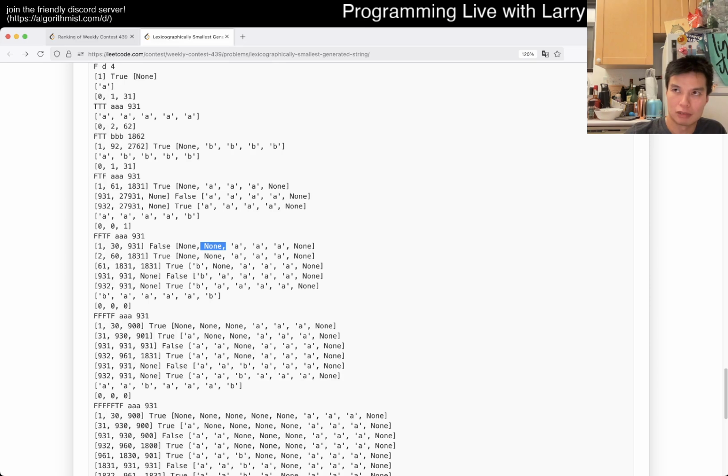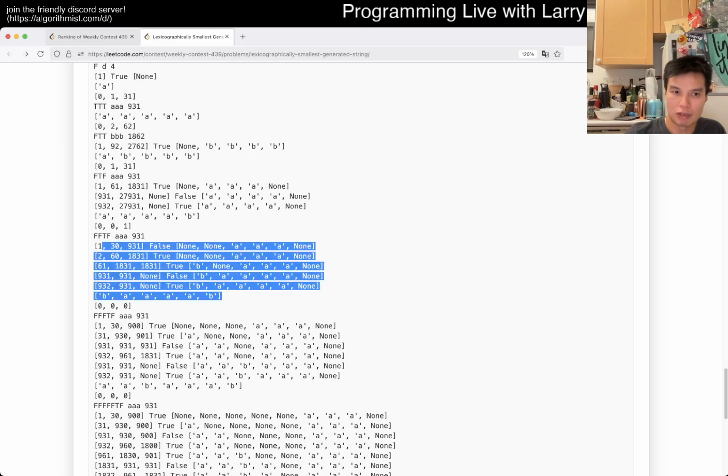This one, 30 is actually fine. Am I looking at the right one? No, this is the wrong one.